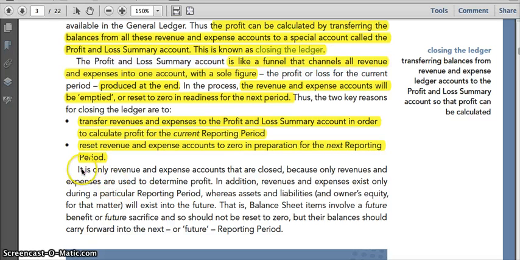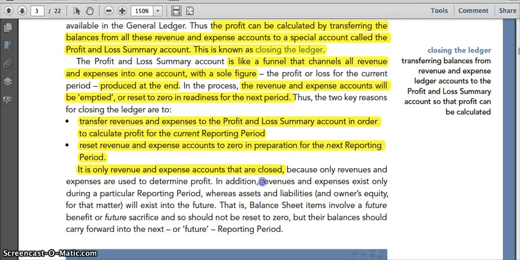Now this next part is really important. It is only the revenue and expense accounts that are closed. This is where we come back to the balance sheet being an as-at figure and the income statement being a performance report for a particular period.